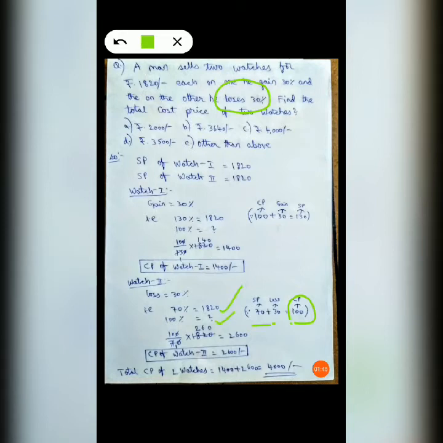So 100 by 70 into 1820, that gives 2600. Cost price of watch 2 is 2600. What is the total cost price of the 2 watches? Cost price 1 plus cost price 2. That is 1400 plus 2600 equal to 4000. 4000 means option C. C is the right answer.